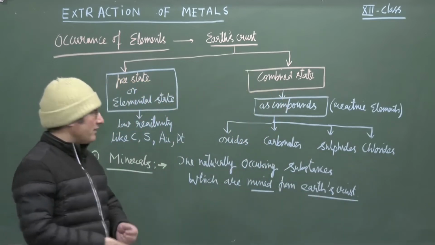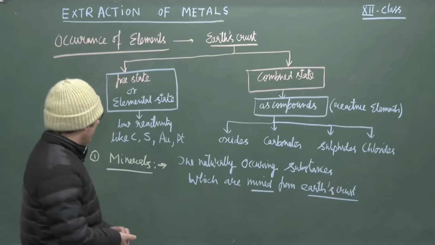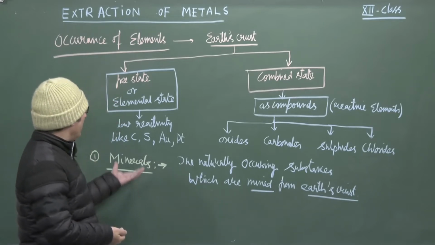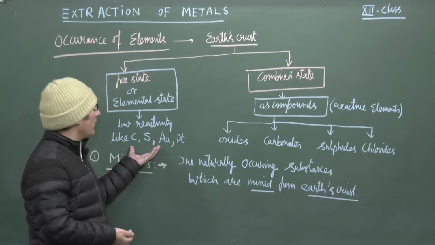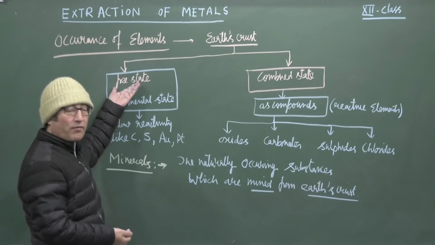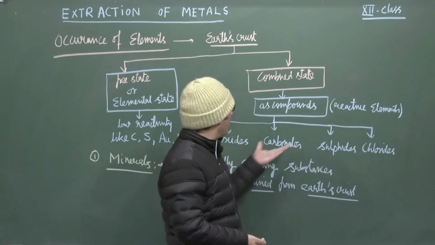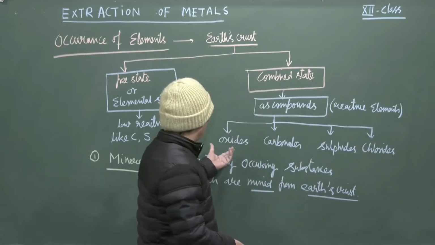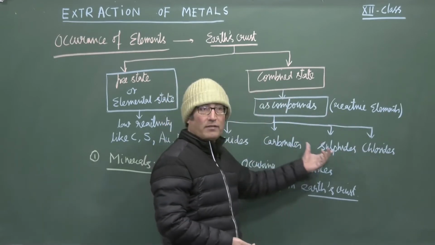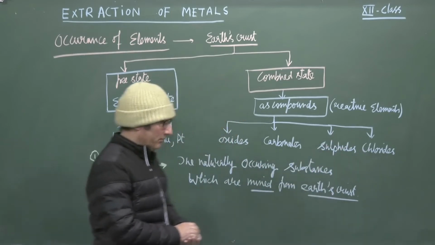Okay, in the form of rocks, they are mined from the Earth's crust, and in these minerals, these low reactivity metals are present in the elemental state, the free state, and the highly reactive elements are present in the combined state. They can be oxides, they can be carbonates, sulfides, and so on.